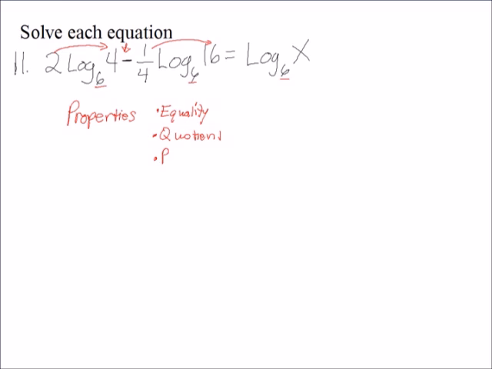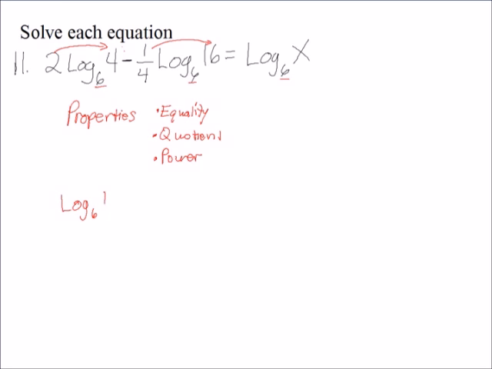So with these 3 things, we're going to go ahead and change these things up. I'm going to do my 2 little arrows first. And change it up a little bit, so I have log base 6 of 4 to the 2nd power.